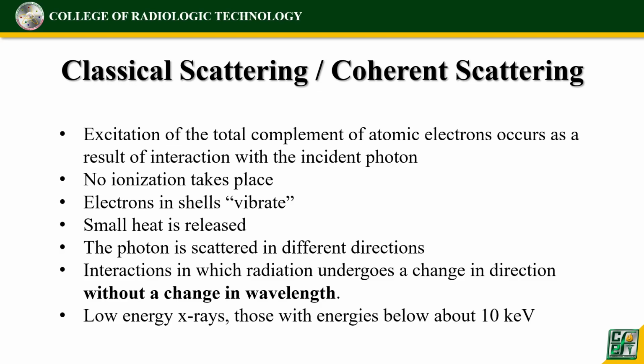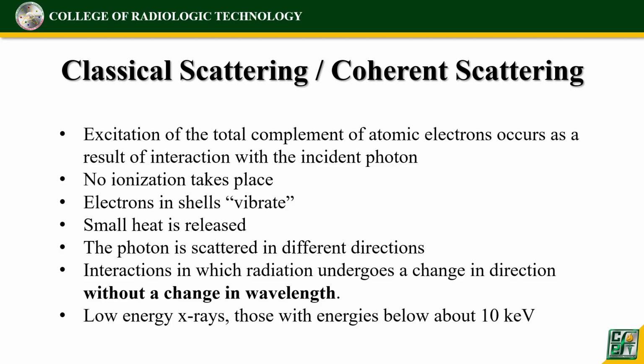Instead, ano lang mangyayari doon sa electron? Magkakaroon ng vibration. So, kung may vibration, ano bang nangyayari, di ba? Excitation lang. Okay? So, there will just be excitation ng electron. At dahil excitation, ano yung naproproduce ng excitation? Heat.